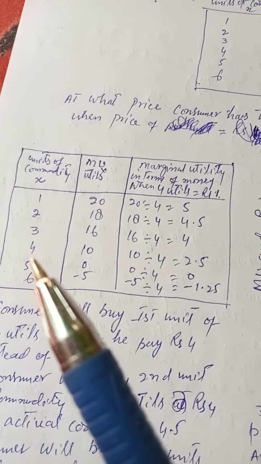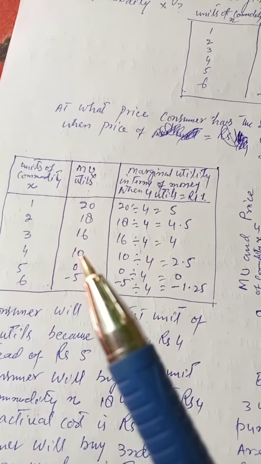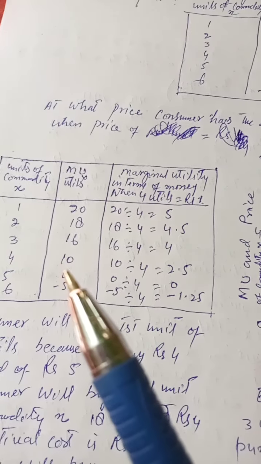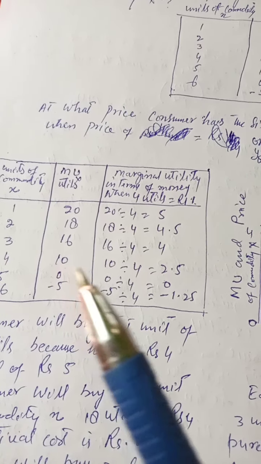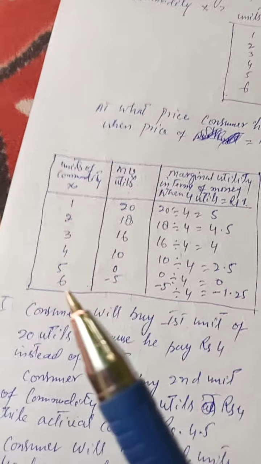Here it is the fourth unit. Marginal utility goes further down by 6 utilities, so here it is 10 utilities. 10 divided by 4 is equal to 2.5.